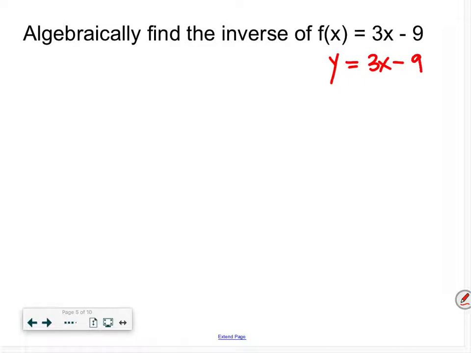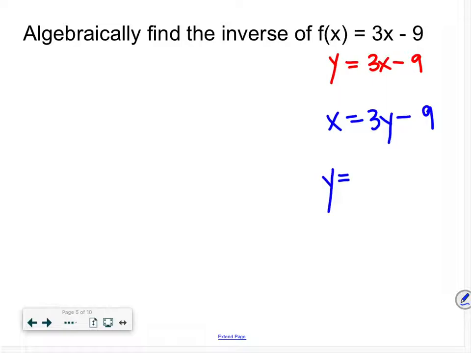I like that you described that to me. Thank you. So f of x is the same as y, so she changed it to a y, and then our entire definition of an inverse, we switch x and y, and then you said you solved for y, and when you got y, what did you have?